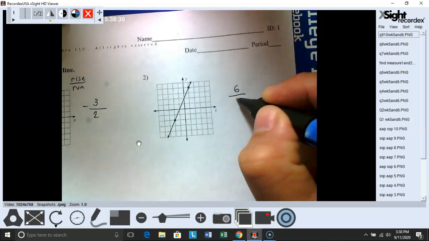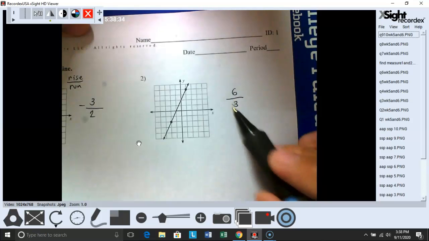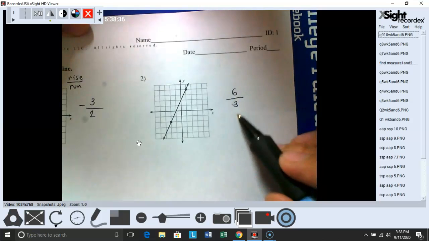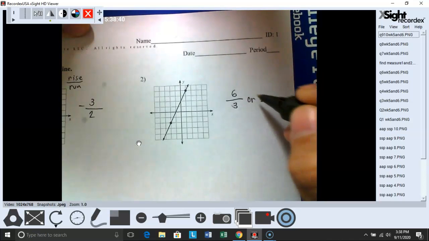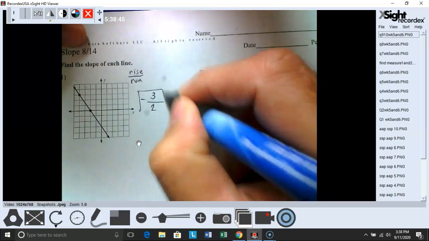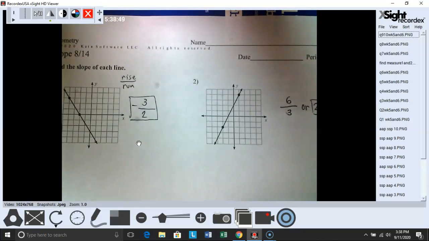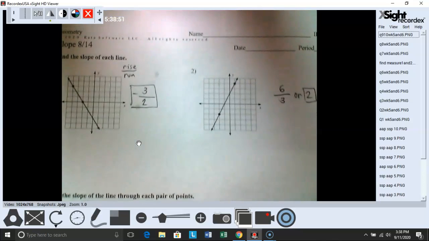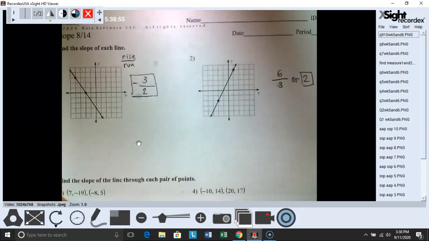That's positive as well. So that's 3 units. You don't stop right here. You have to simplify this. So how much is 6 over 3? So you can write 2. Your final answer should be 2. Let's box our answer right here. So that's how we find the slope using the graph, or given the graph, I mean.